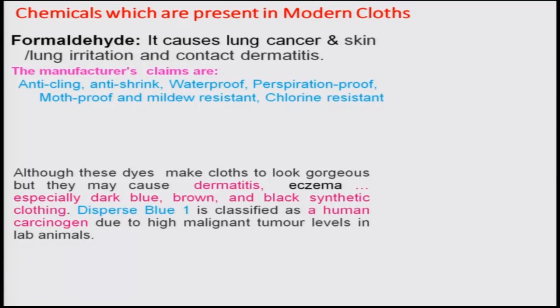Manufacturers always claim anti-cling, anti-shrink, waterproof, perspiration proof, moth proof, mildew resistance and chlorine resistance, a lot of things they write on it to lure the people so that they can use it, and people also get swayed by their advertisement.